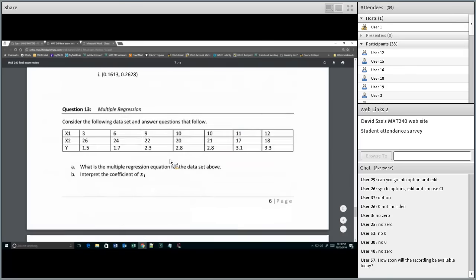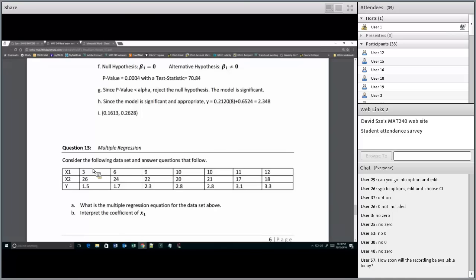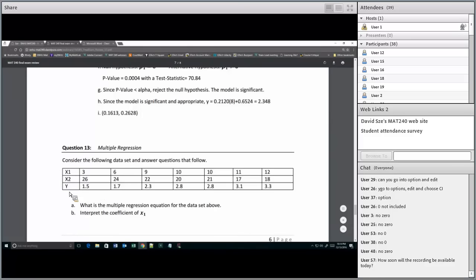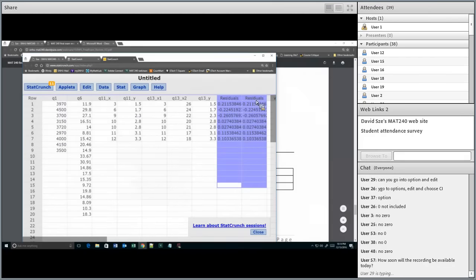Okay, we're on to the last problem. Here's a data set given to you, x1, x2, and y. The first question is, what is the multiple regression equation? And the second question is, interpret the coefficient for x1. So how do I find the multiple regression equation?